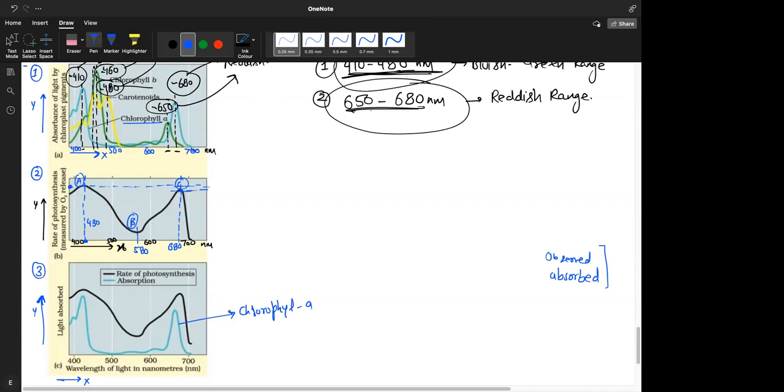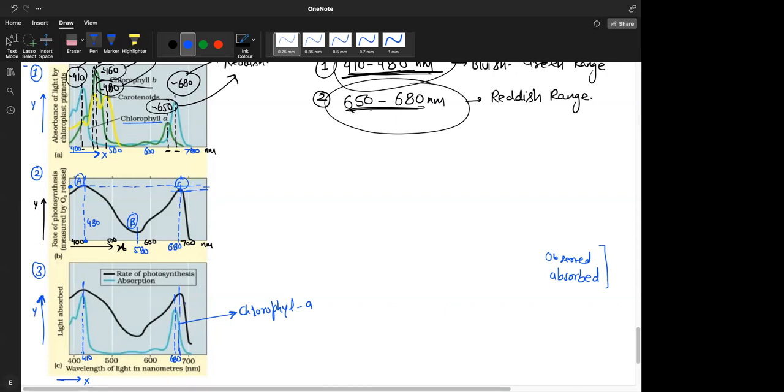So they have taken chlorophyll A as a representative, and these maxima are the absorption maxima of chlorophyll A, which is around 410 here and around 680 here. And we see that the maxima of the rate of photosynthesis is also around the same region, somewhere around 420, 430, and here also around 680, 690.